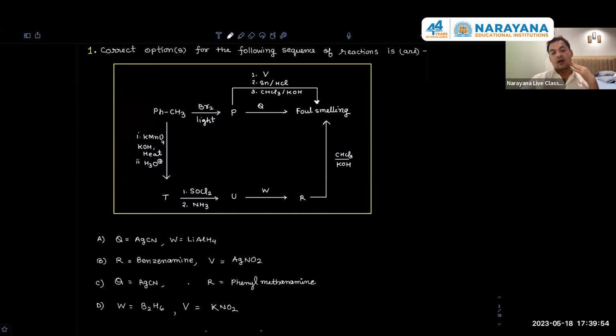You must know the functioning of all these reagents. Then only it will be easy to solve this question. And in the question itself, what is the functioning of CHCl3 KOH? Like two times we are using KMnO4 heat, SOCl2, ammonia, like that.